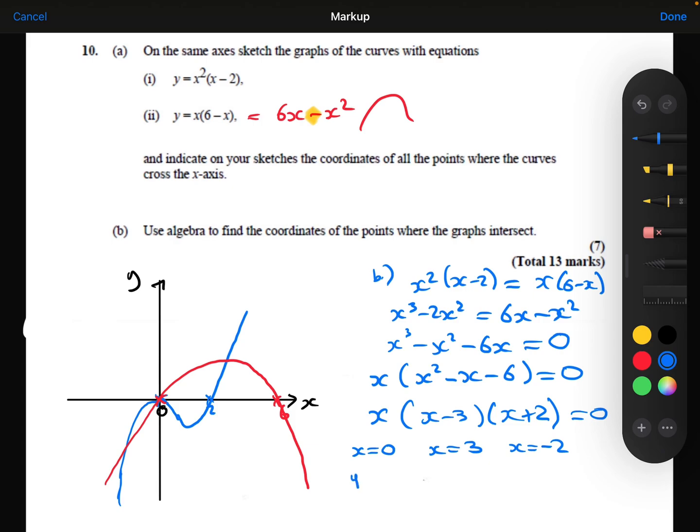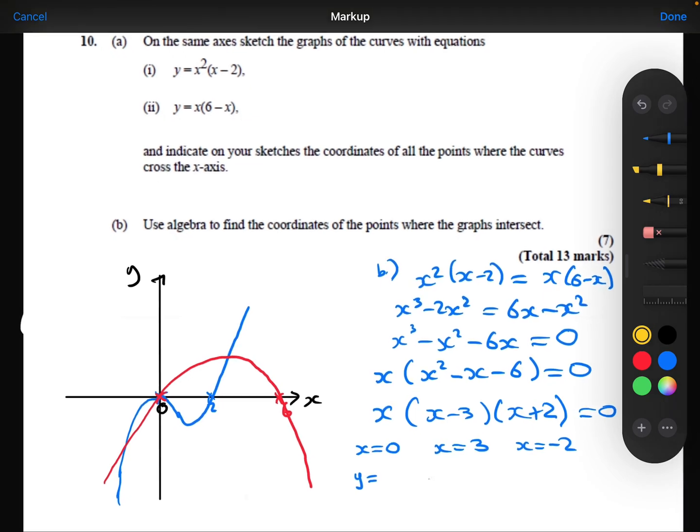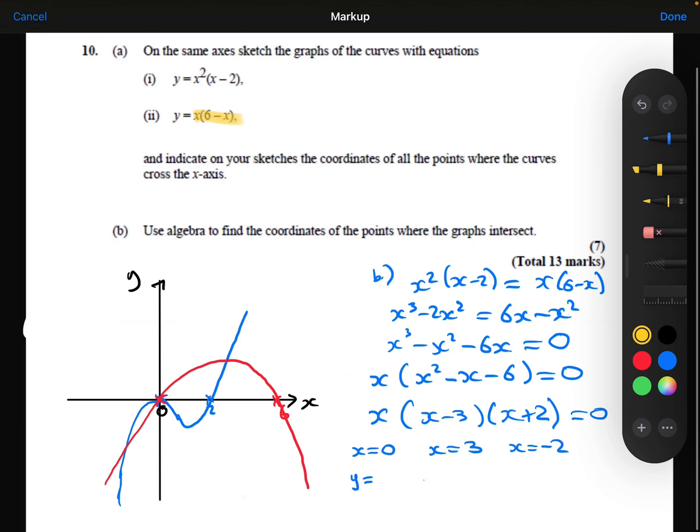We can now find the y-coordinates by substituting these x-coordinates into either of these original curves. It doesn't matter which you substitute in. So I'm going to substitute them into the quadratic, just because I think it's a little bit easier. If I substitute 0 in there, 0 times 6 minus 0 is obviously 0.